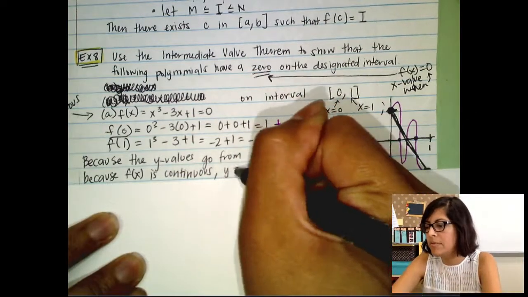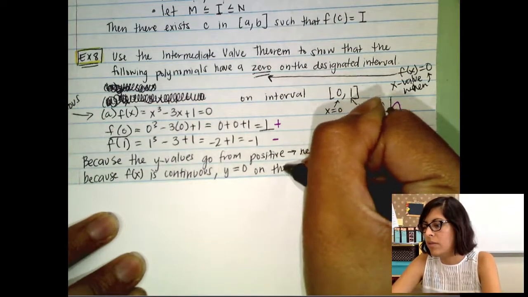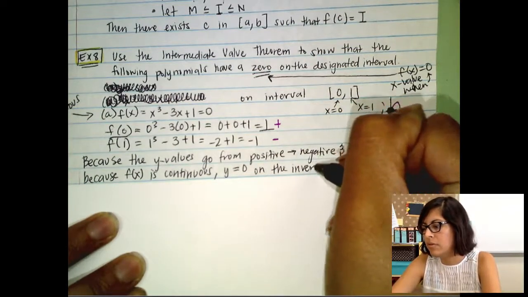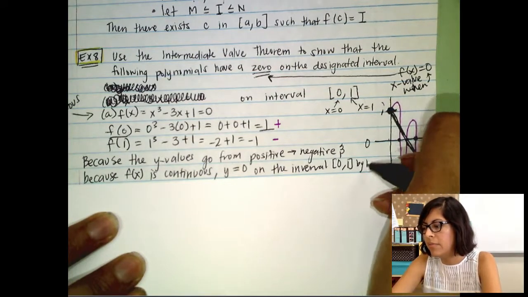So y must equal 0 on the interval 0, 1 by the intermediate value theorem.